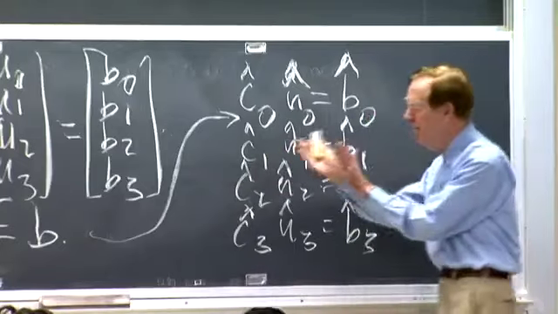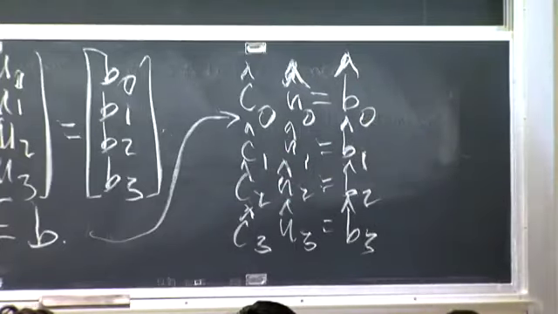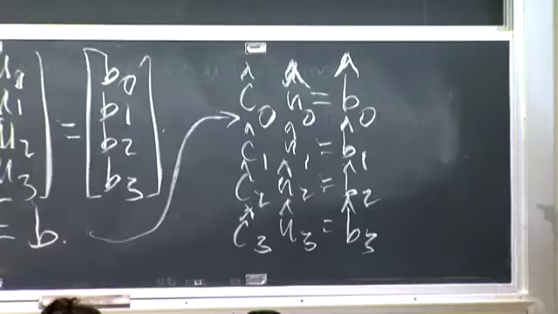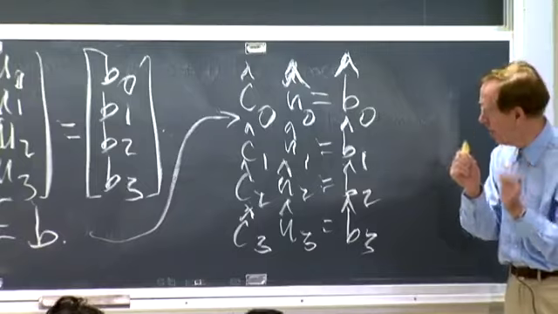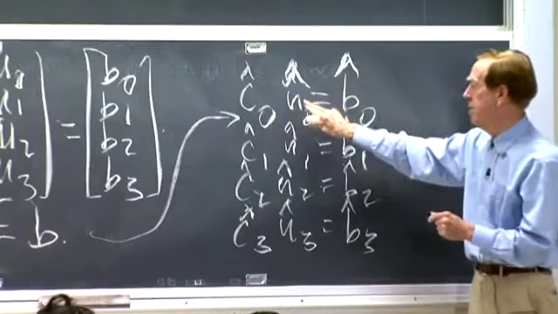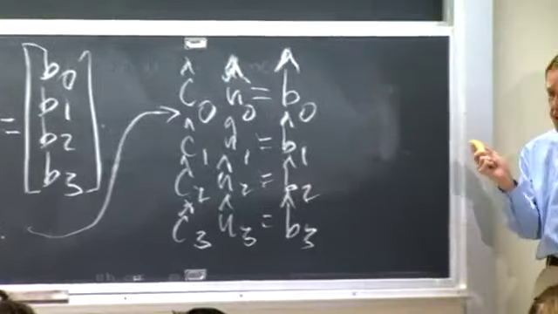And there might be, I don't swear that there isn't, a 1 over 4 somewhere. But the point is, we're in frequency space now. Each component of C hat times each component of U hat gives us the component of B hat. Now we're ready for deconvolution.